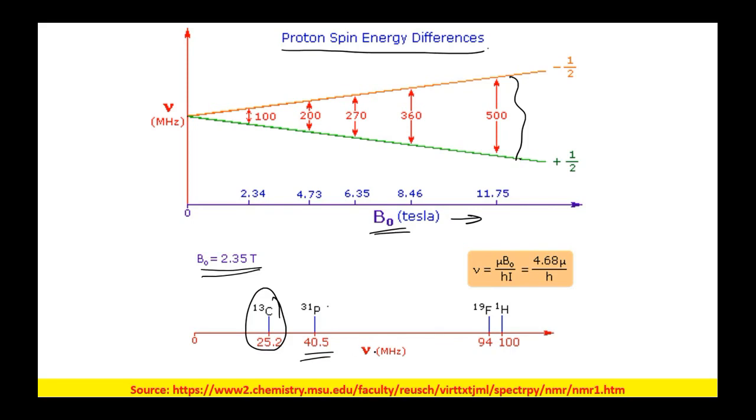That means at these frequencies you need to excite these atoms to get the signal. For fluorine we have to do it at 94 megahertz, and for the hydrogen atom at 100 megahertz.